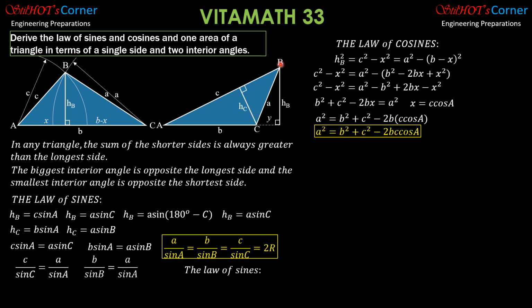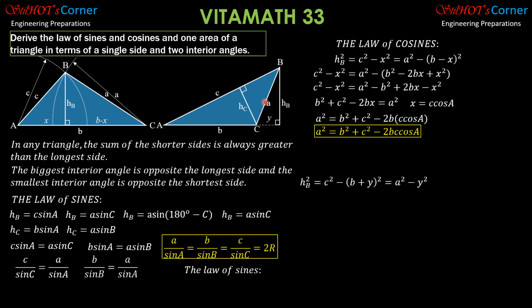So likewise, in this triangle here, hb square is equal to c square minus quantity b plus y square, and hb square is also, from this right triangle, a square minus y square. So hb square equals c square minus quantity b plus y square.